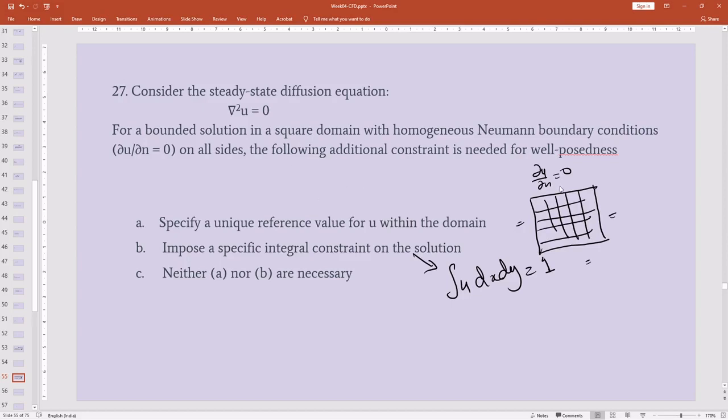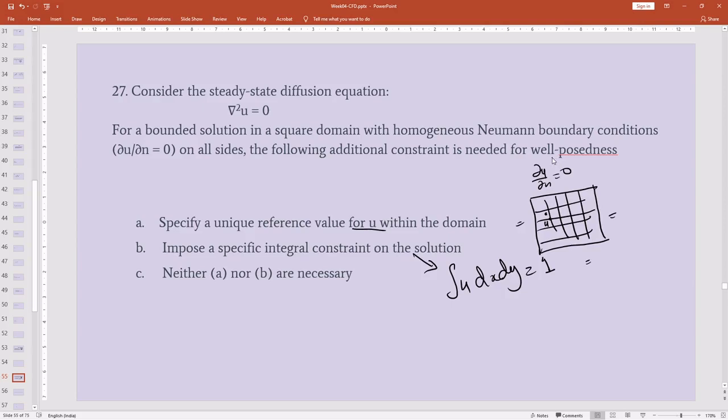Even with Neumann boundary conditions, there are approaches to convert them into Dirichlet, but from these options we need a unique reference value of u within the domain. The problem itself should define some value of u inside the domain. Then only we can solve the equation.